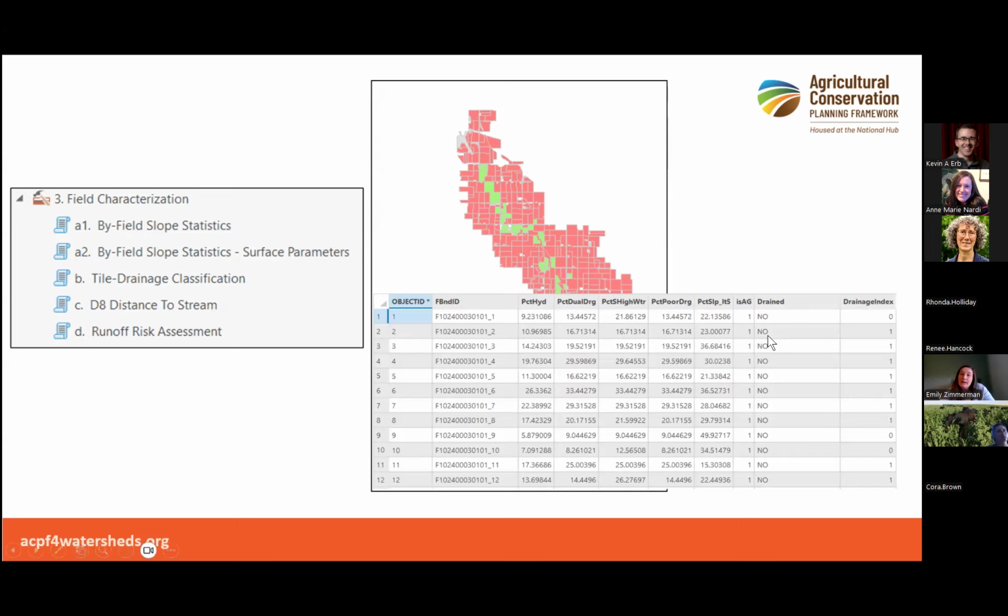And then for the rest of the GIS process, for example, when we're considering practice placement, that will say yes, and that field will be considered drained. So you can manually force drained versus undrained. And so if you have some knowledge, you or the GIS analyst could go in and edit the attribute table to correct for that. That's a great question.